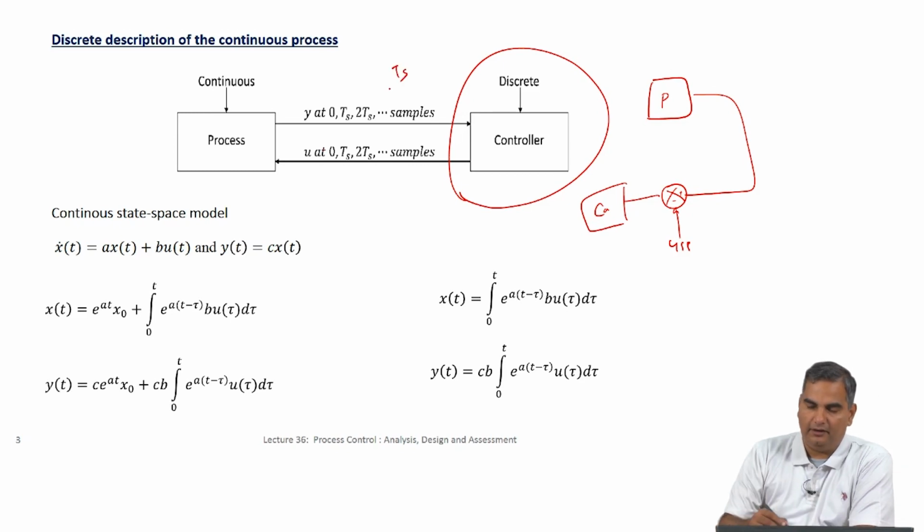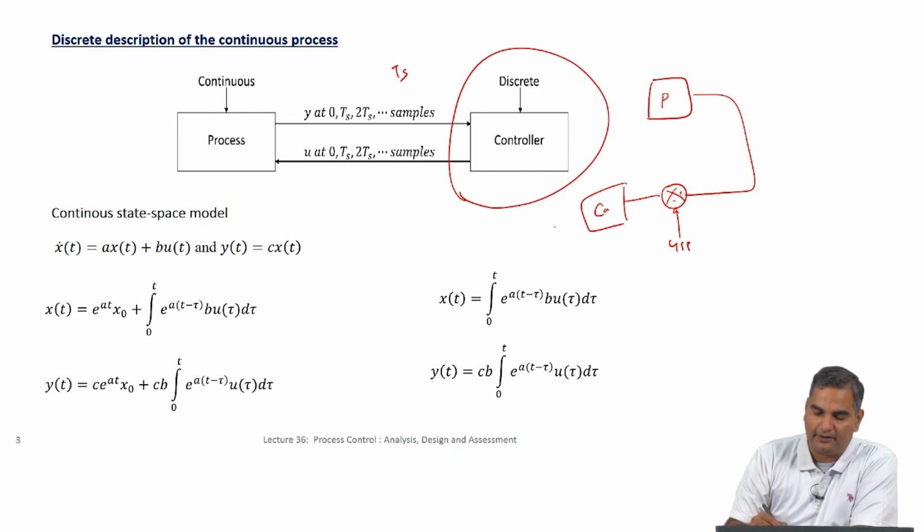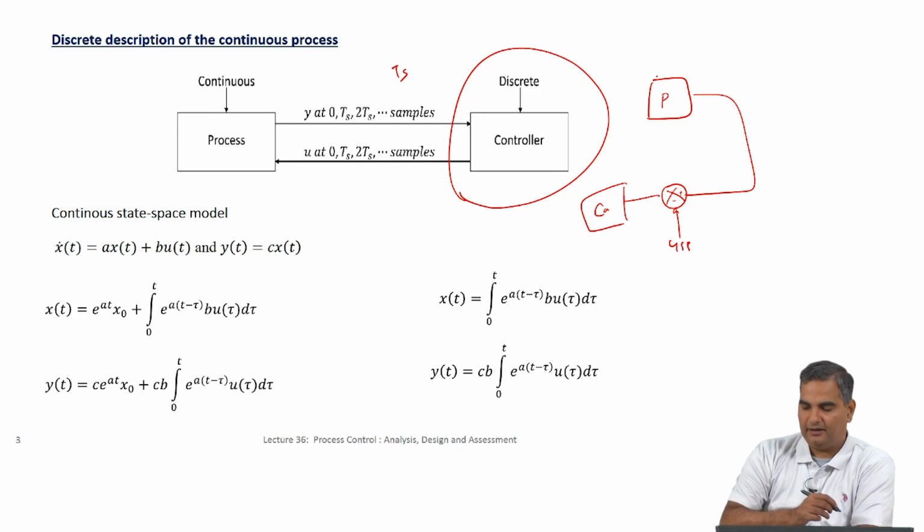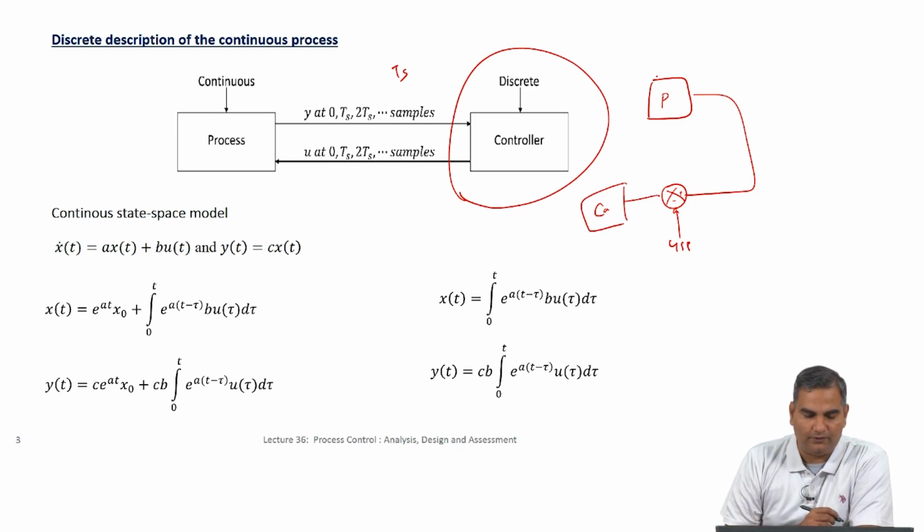In the continuous case, the controller went back and said it is going to manipulate some u, and that is going to act on the process. That basically said the u is acting at all times, so I keep changing u continuously. Whereas in this case, the way we formulated the model predictive control problem, if you had seen in the last lecture, we looked at making the control moves only at those sampling times.